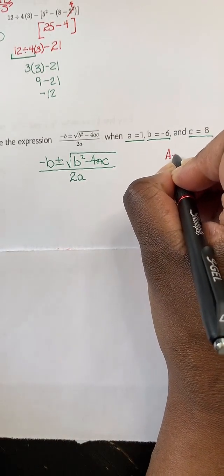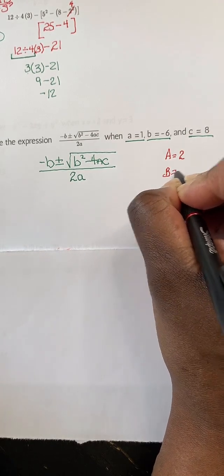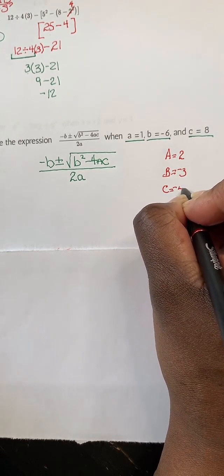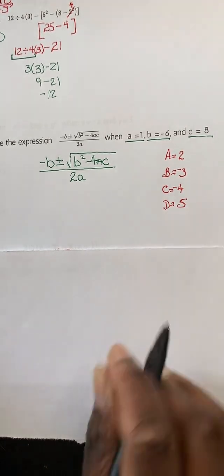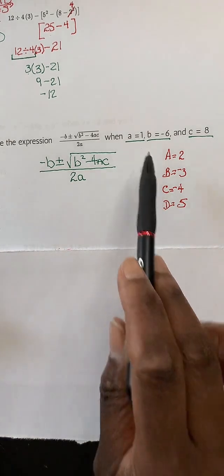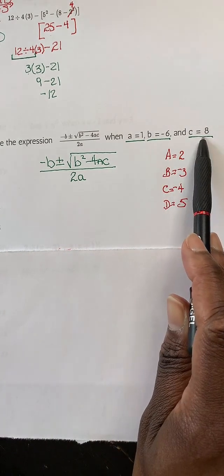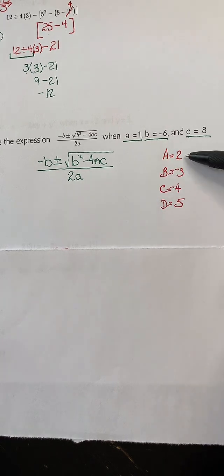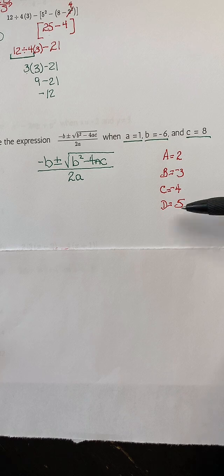I'm trying this out because I want to put these into one of my latest books, because I'm going to try to build some more exams for people so you don't have to rely too much on tutors. So, plugging in 1 for the A, negative 6 for the B, and 8 for the C, these are our options. Either your answer is A, which is 2, B, which is negative 3, C, which is negative 4, or D, which is positive 5.